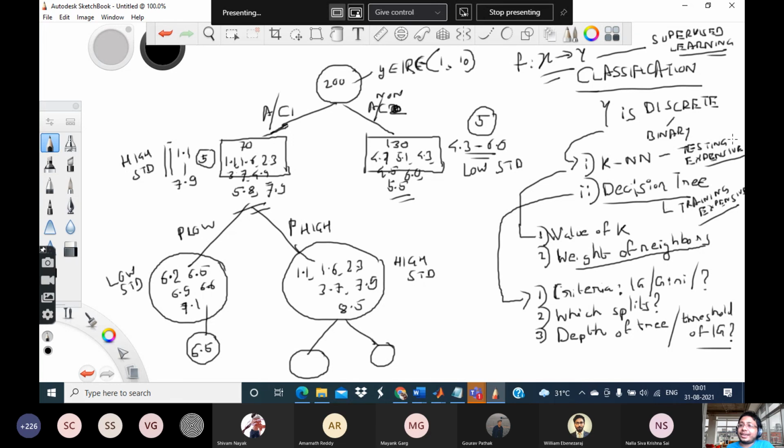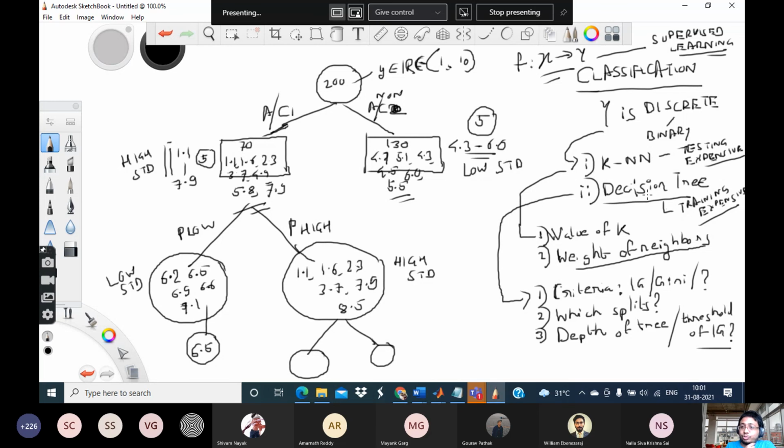Of course, like some variants we discussed last week, some of the outliers can be thrown away, or some kind of clustering can be done to group them together. Such things can be done, but that's not the vanilla k-nearest neighbor. Either way, the training is relatively straightforward in k-nearest neighbor, but the testing is expensive.